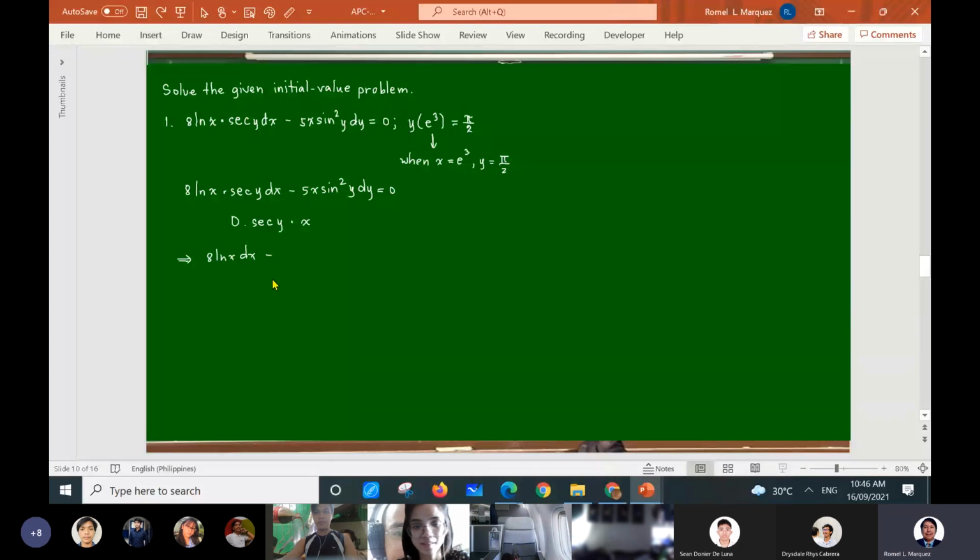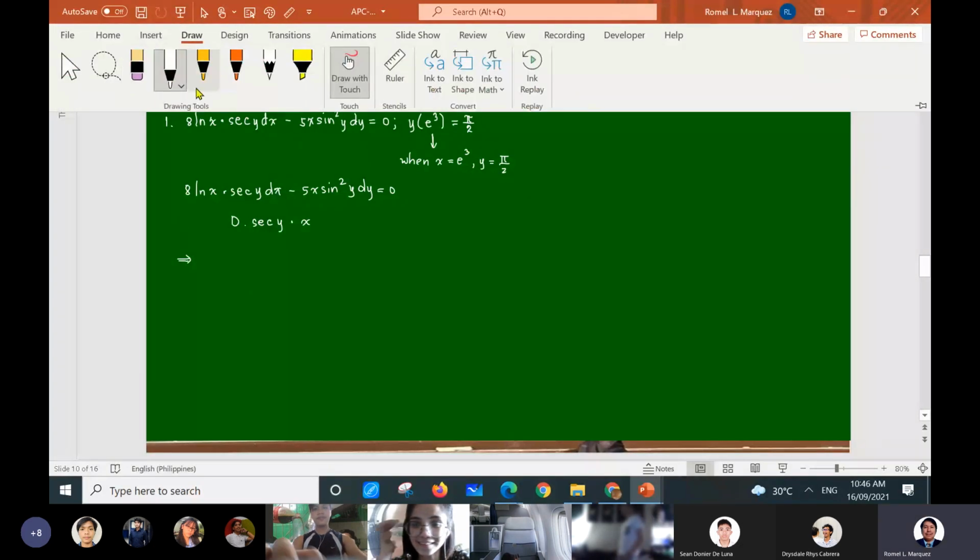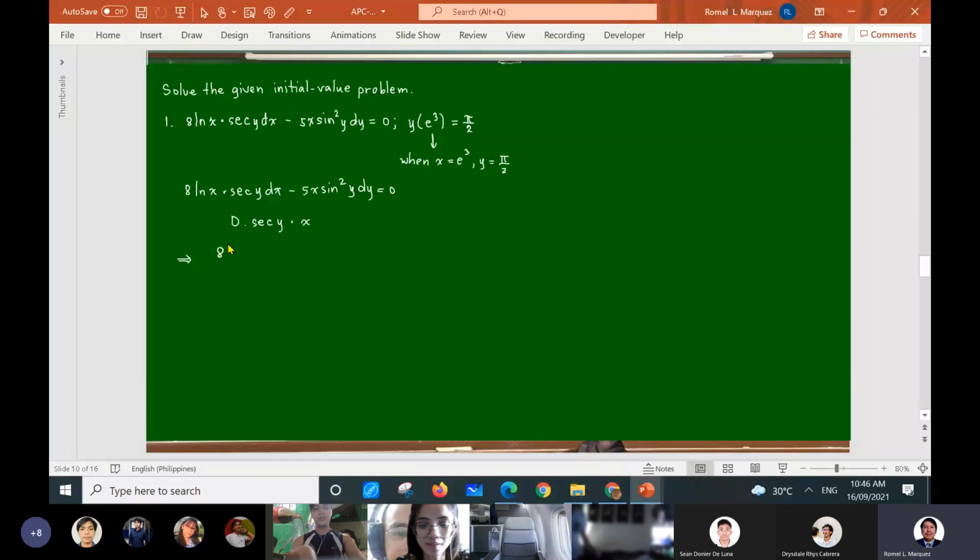What will be the denominator of the first term? 8 ln x, then dx over x. What about the second term? Sine squared y dy over secant, right? Equals 0.